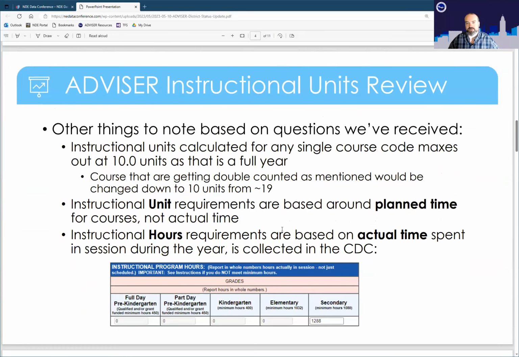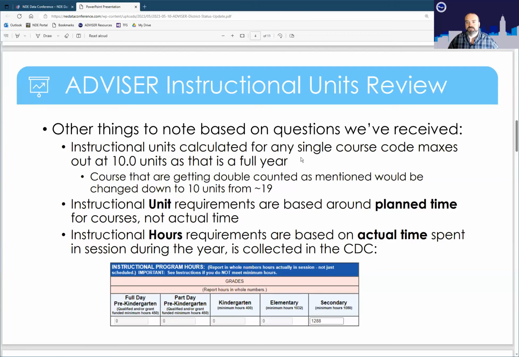Couple other things on instructional units I wanted to bring up that I didn't cover last time, but we've been getting a couple of questions since last month. One thing we've always had in our instructional units calculation that I didn't mention before is that we max out any single course code at 10 units, 10 being an absolute full year, the most amount, essentially.